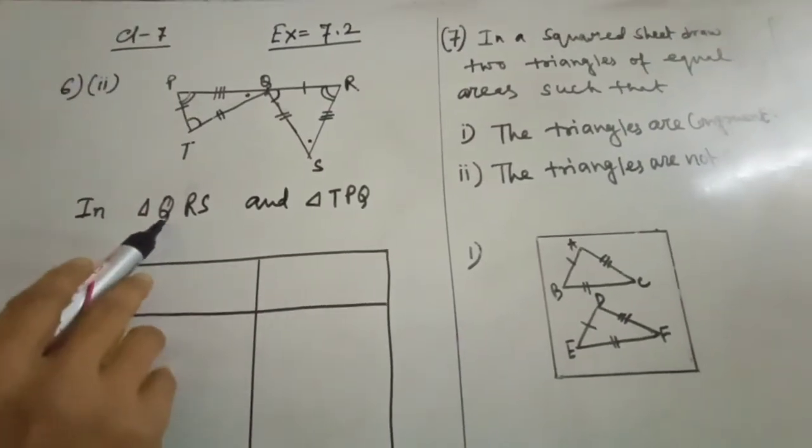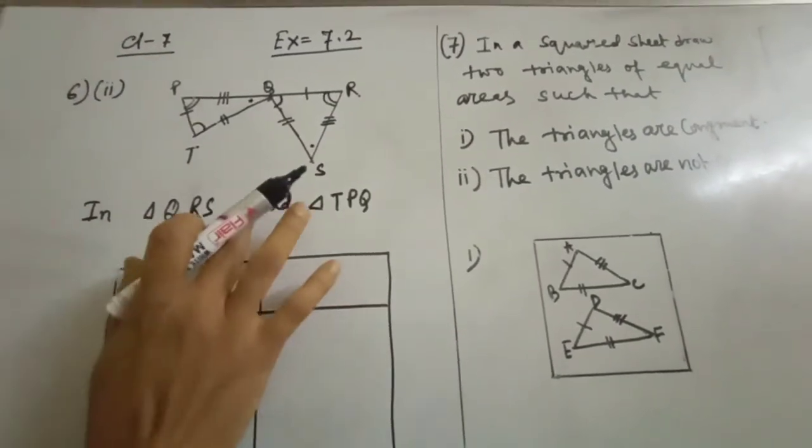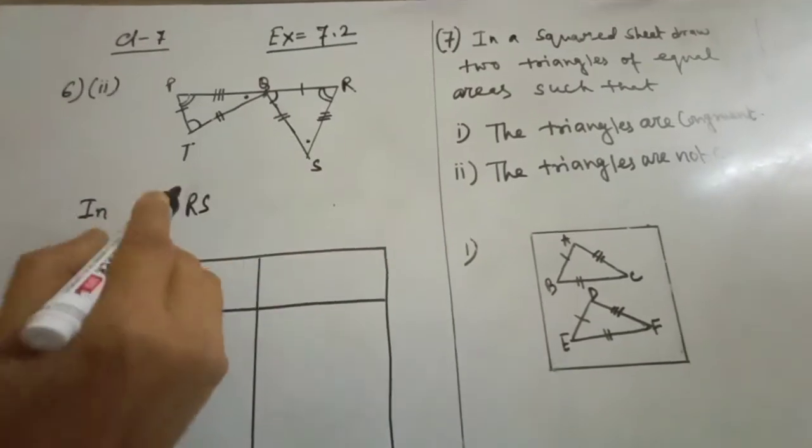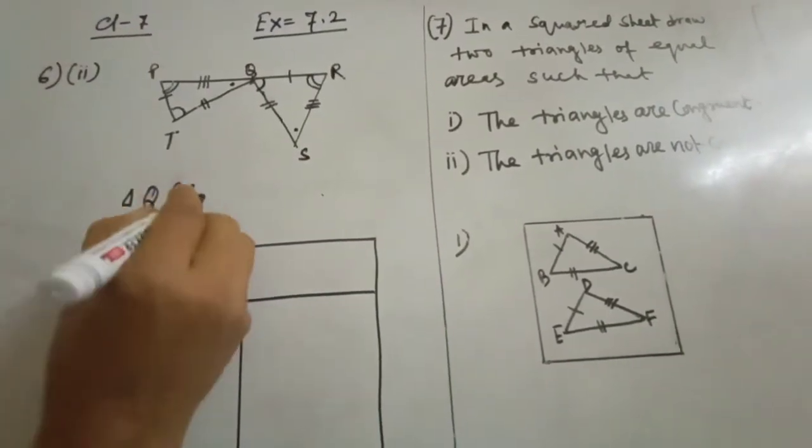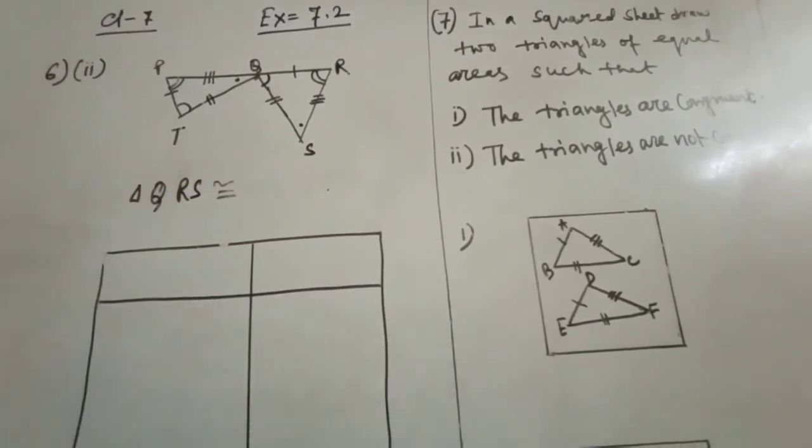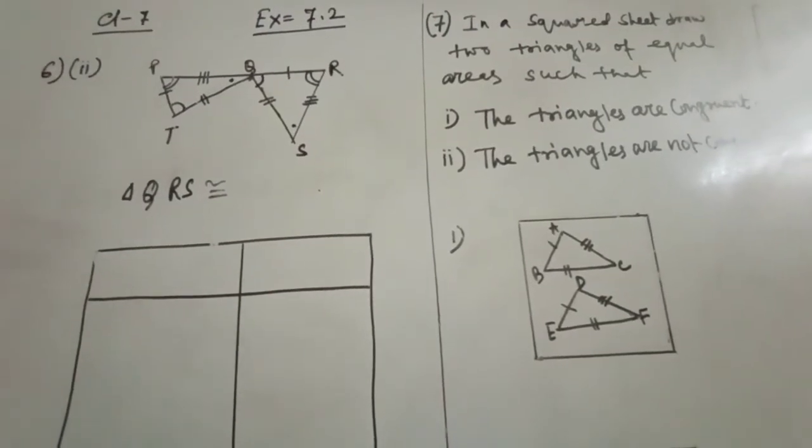You have to complete this also: triangle QRS is congruent to triangle what?